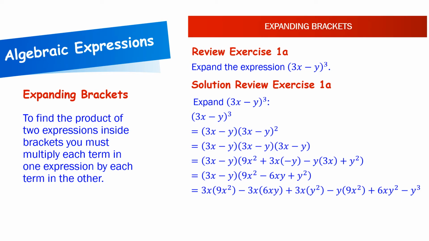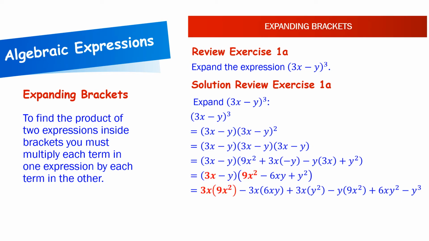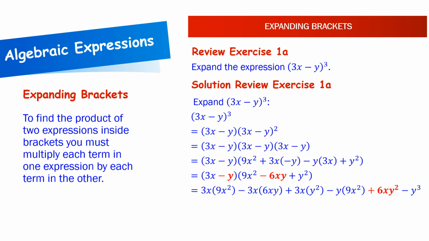Now let's multiply this expression by 3x minus y. So 3x times 9x squared, 3x times minus 6xy, 3x times y squared, and now for the minus y. So minus y times 9x squared, minus y times minus 6xy, and minus y times y squared becomes minus y cubed.